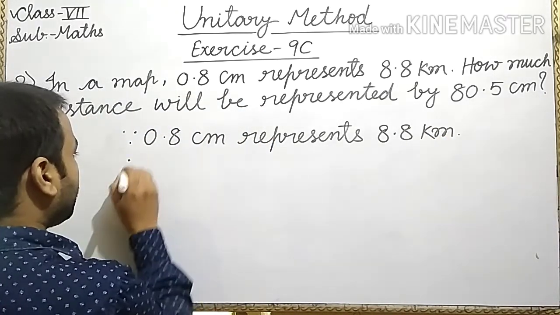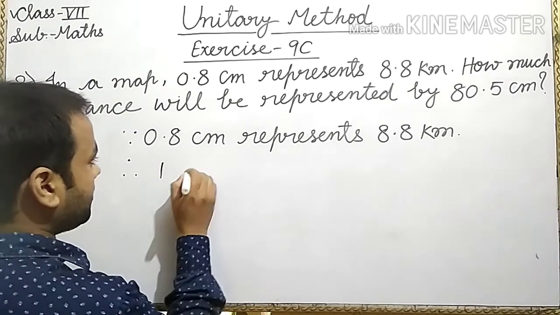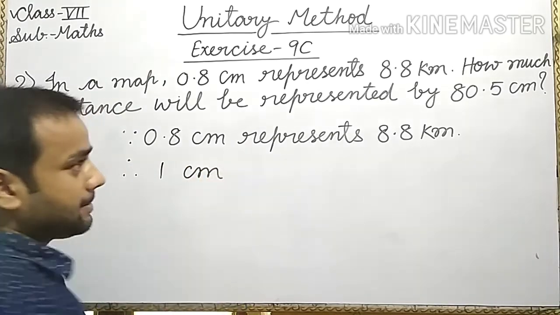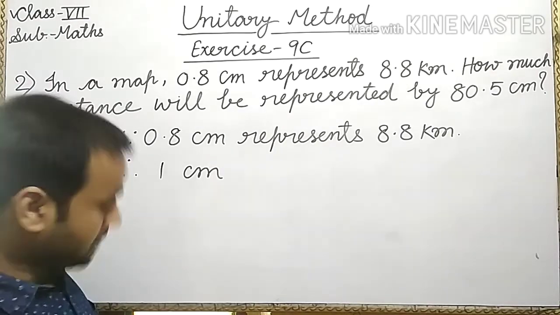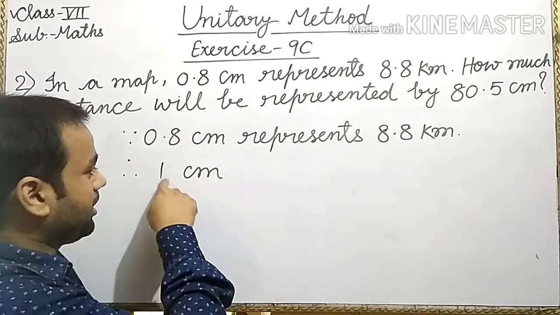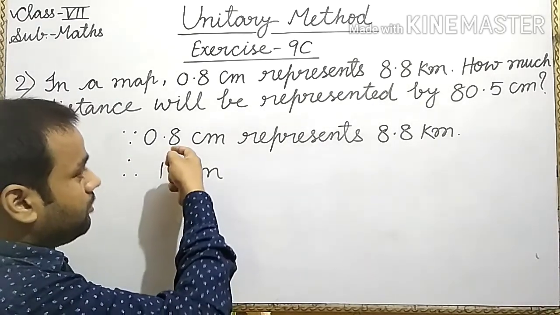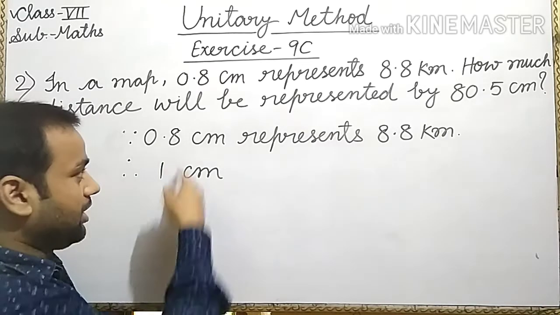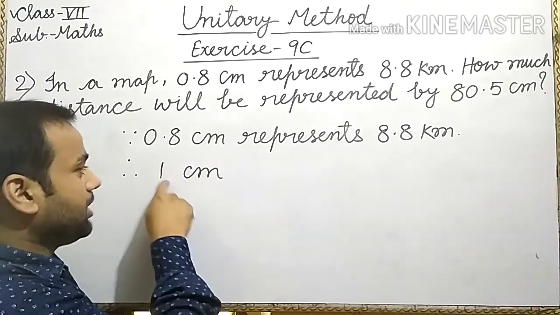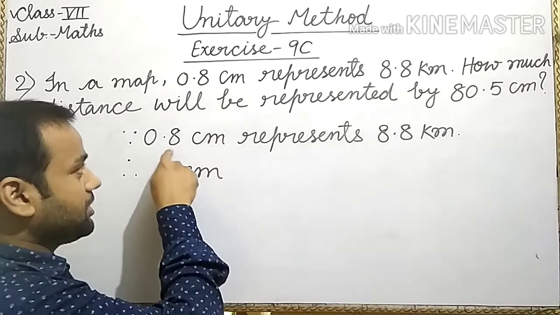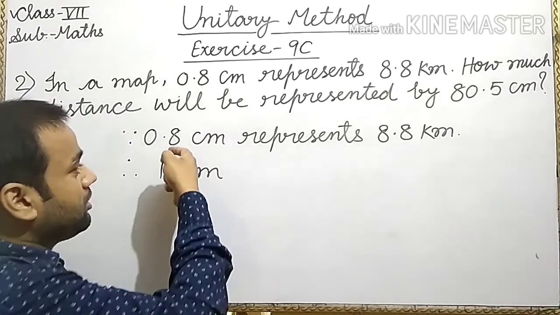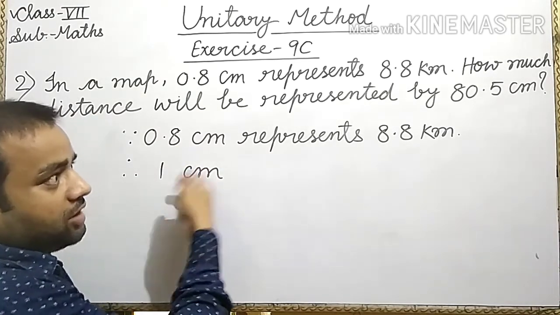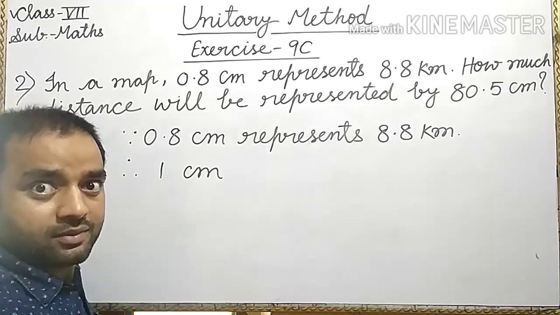Then in the unitary method, first we find 1 centimeter. Here 0.8 or here 1: more length or less length? Here 1 is greater than 0.8, so more length represents more distance.